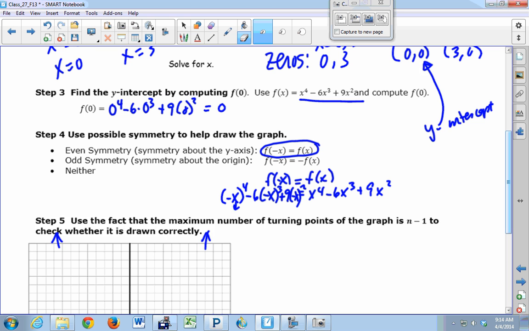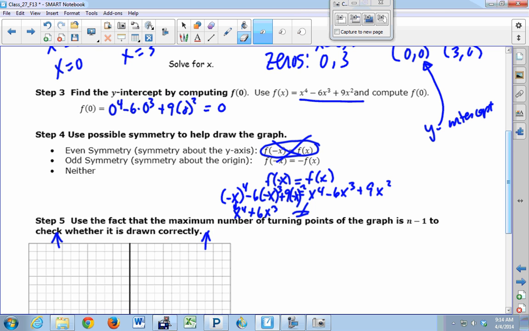So this gives me x to the 4th, because negative 1 to the 4th is 1. However, this gives me a negative 1 times x cubed, which changes that 6 to positive. So already I know this isn't even. No way, Jose. All right, so it's not even.